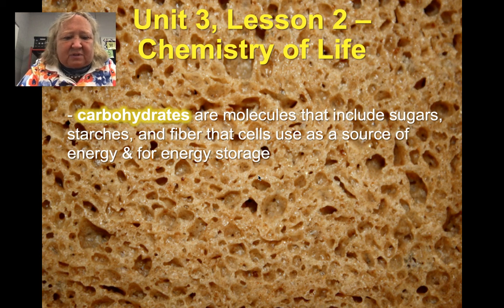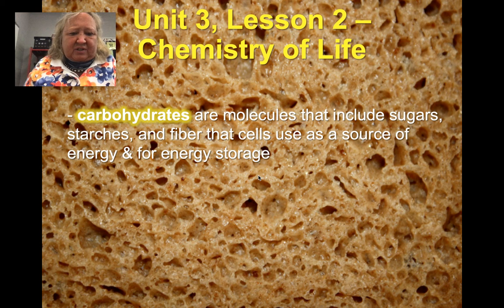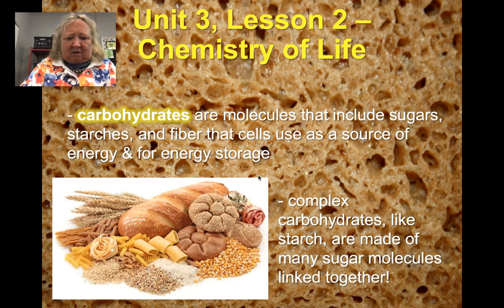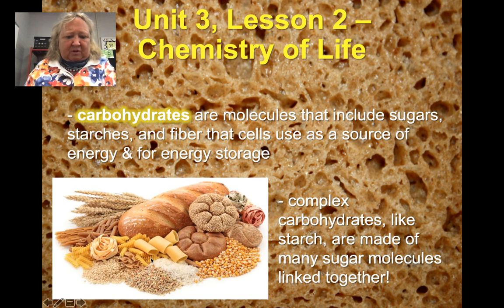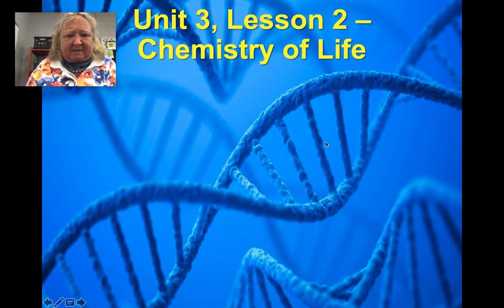Cells use carbs as a source of energy and energy storage. Again, there's simple sugars, and this is in the IXL, and then there's complex carbs. The complex carbs are made of many sugar molecules linked together. So there's the pasta, breads, flour, anything like that has a ton of carbs.